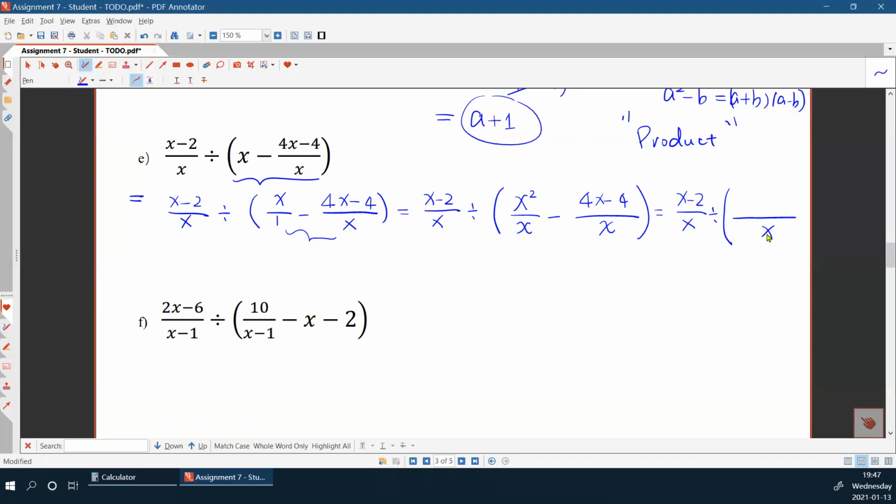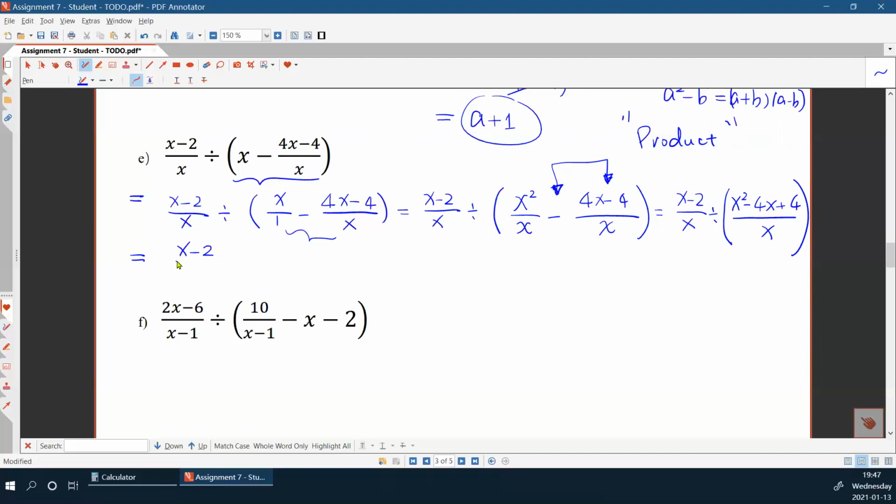So x in the denominator, and for the numerator, that becomes x squared minus 4x. And pay attention to the sign here, right? Minus minus, you have a plus 4 here, right? Do not confuse the sign.